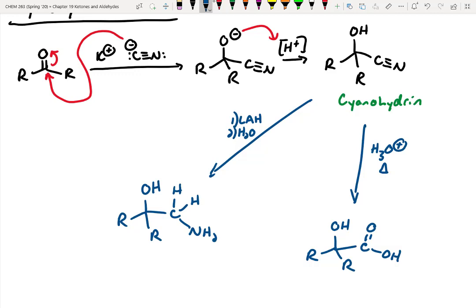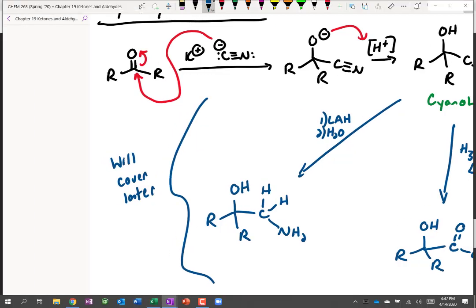And so you can use this to make amines. We're going to cover these reactions down below later. So I'll just write will cover later. All right. So as you can see, cyanohydrins on the face of it, they don't look that useful, but once we start using them as versatile intermediates, they become a lot more powerful.